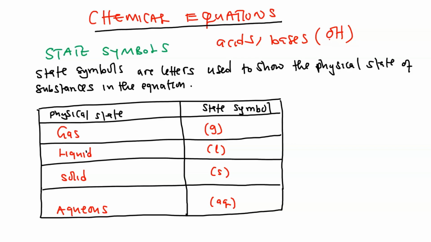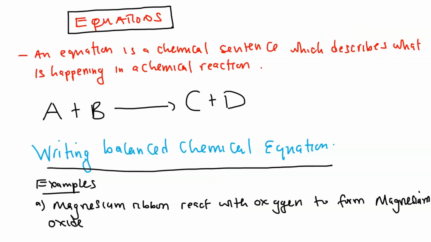Okay, so having looked at the state symbols, let us have a look at the actual thing, that is the chemical equation. Now, again, it's very important for us to define an equation. An equation is just a chemical sentence which describes what is happening in a chemical reaction.